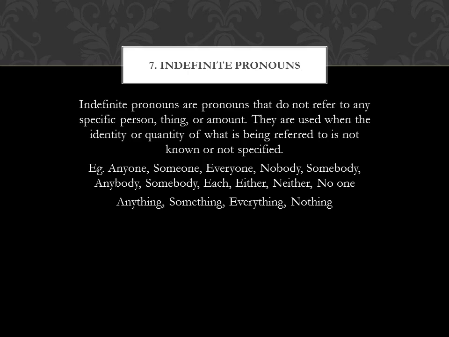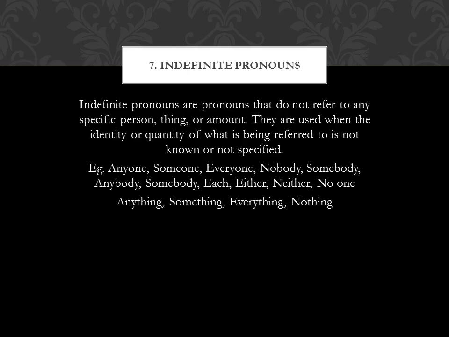Generally, in other words, they are used when the identity or quantity of what is being referred to is not known or not specified. So whenever we have to talk about general persons, general things, or general amounts or ideas, we use indefinite pronouns.